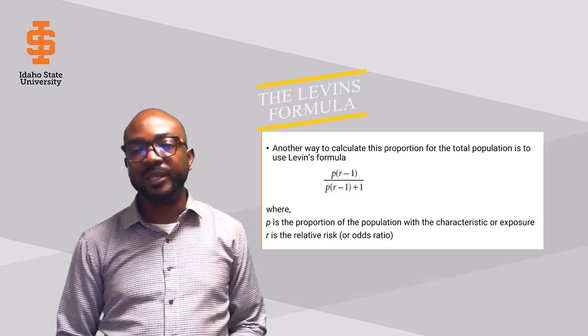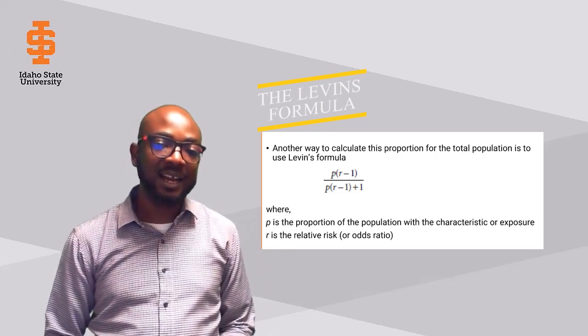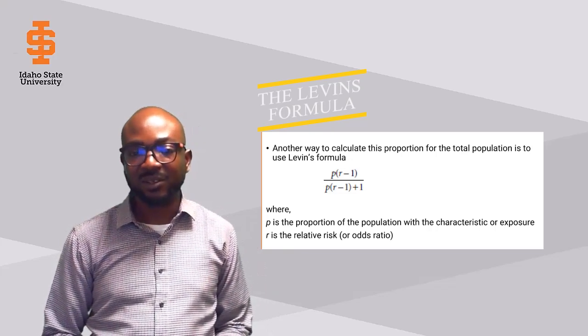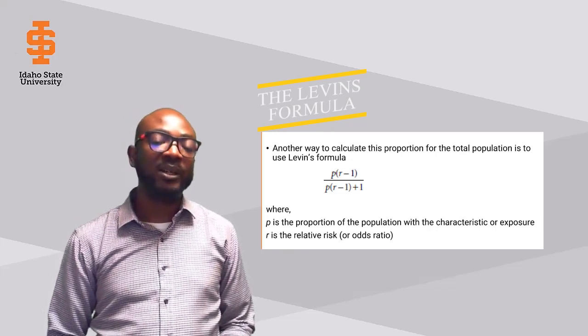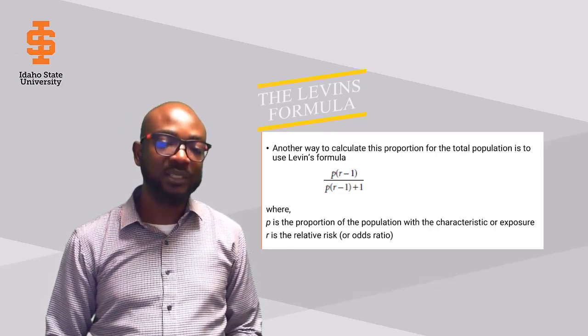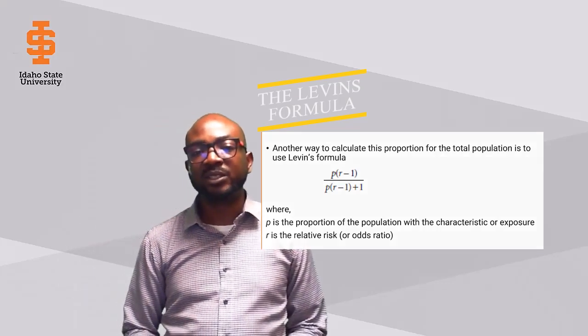That is P(R - 1) divided by P(R - 1) + 1. The attributable risk for the total population is a valuable concept for the public health practitioner.